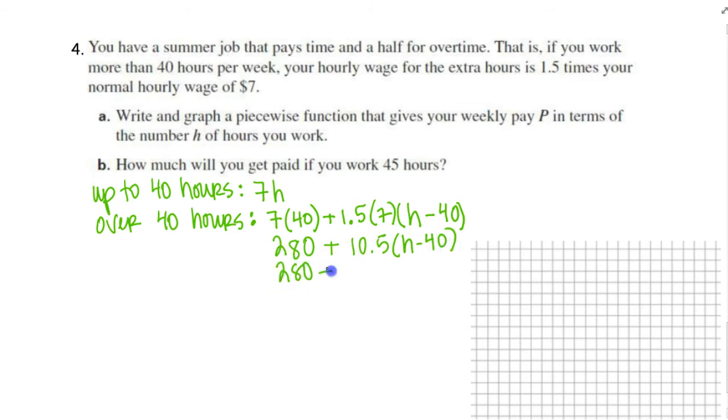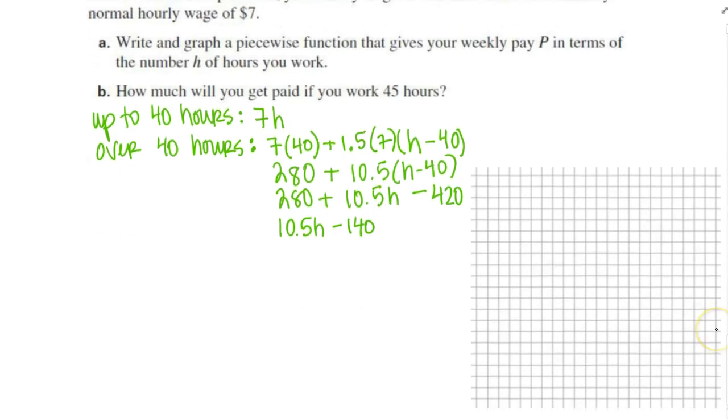So 280 plus 10.5H minus 420. And then when we clean all of that up, we get 10.5H minus 140. Okay? Well, that's all well and good, but we need to write it as a piecewise function.